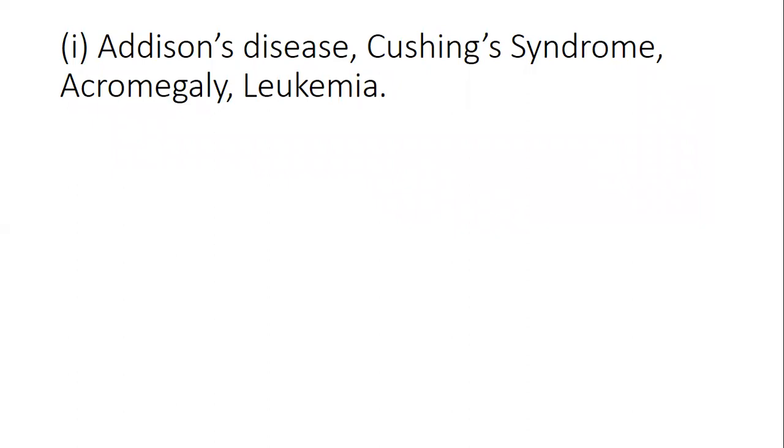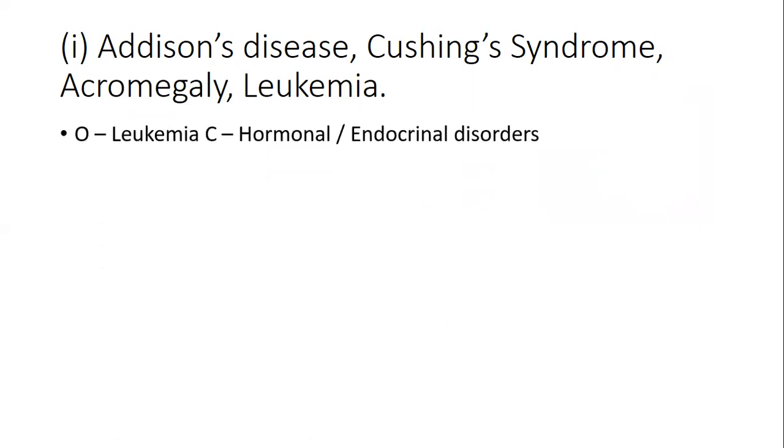There is no half mark here. Everything should be correct. So the first one: Addison disease, Cushing syndrome, acromegaly, and leukemia. You have to write properly. Odd one is leukemia, and category is hormonal or endocrinal diseases or disorders.